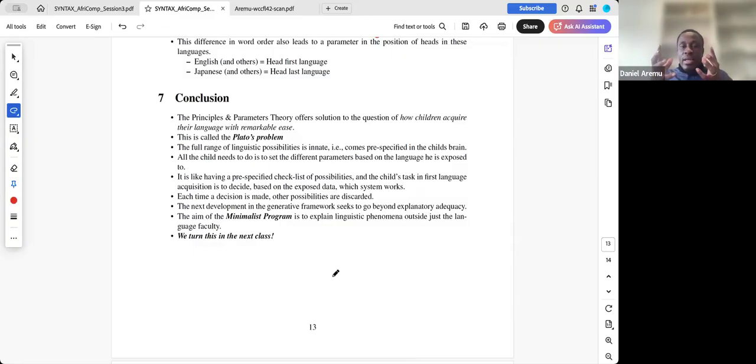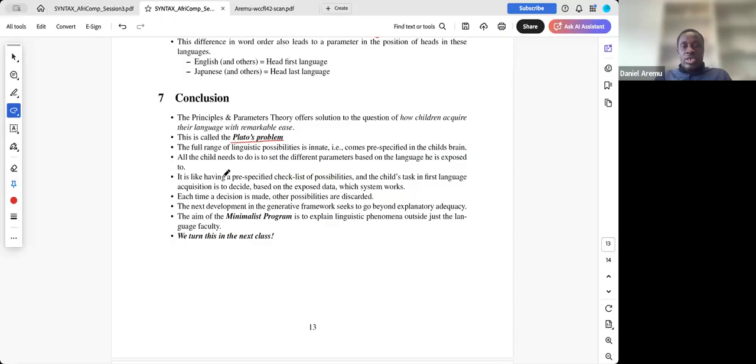We can bring them together and just explain it with models within the grammar. So we don't need to have many rules. All we need to do is just know the models, and then those models can explain the structure of the language, right? So the fact that language can be acquired with remarkable ease, that is what is called Plato's problem, right?